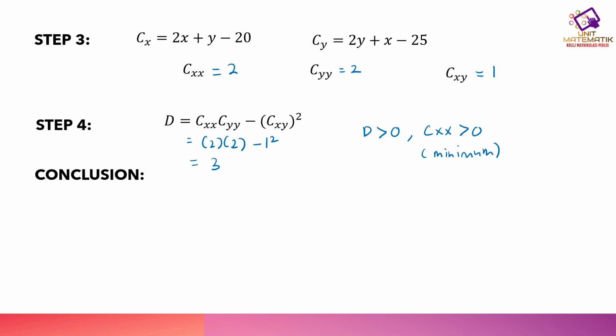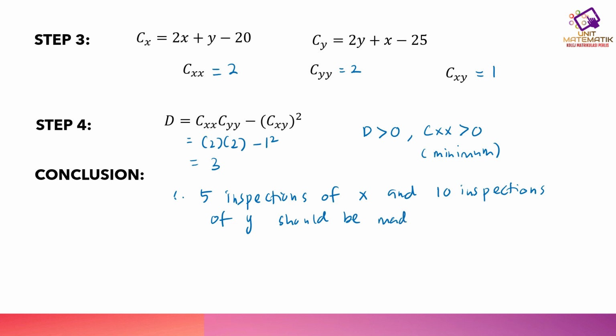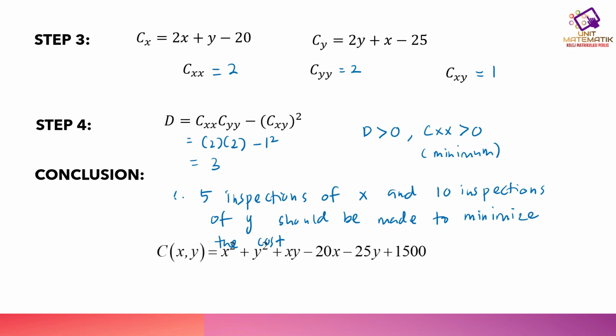Let's write the conclusion. Therefore, 5 inspections of x and 10 inspections of y should be made to minimize the cost. And don't forget, we want to find the minimum cost.